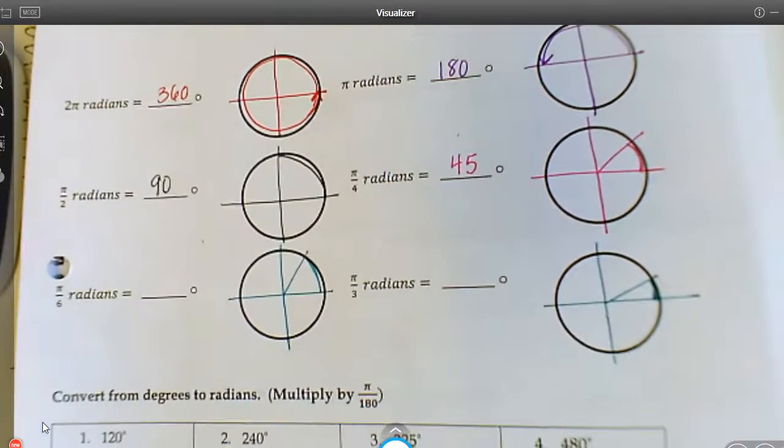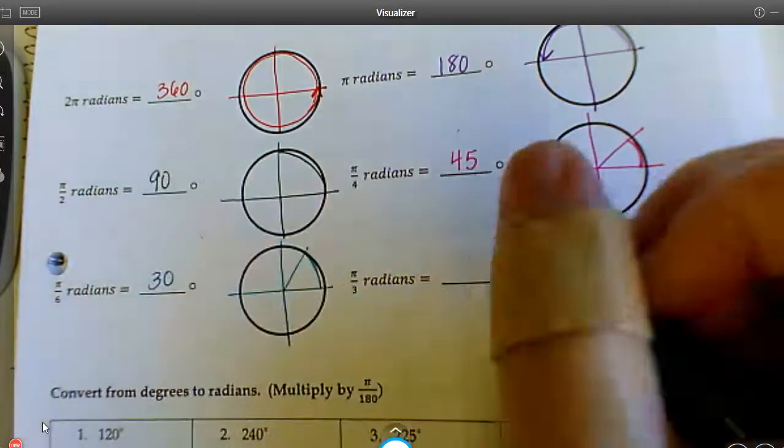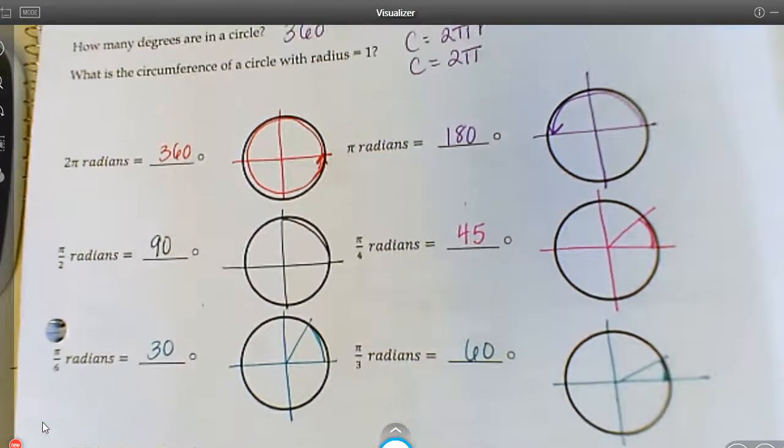The only way to sort of figure it out is to draw that many of them around the circle and figure it out. But I'm going to tell you that pi over 6 is 30 degrees and pi over 3 is 60 degrees. Now, because you guys are going to future math classes where you're going to use this quite a bit, these are important ones to kind of know.